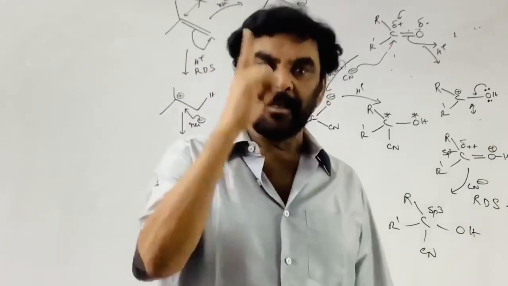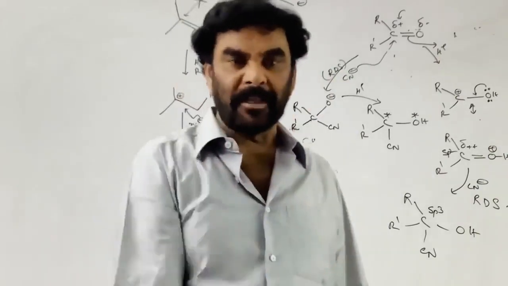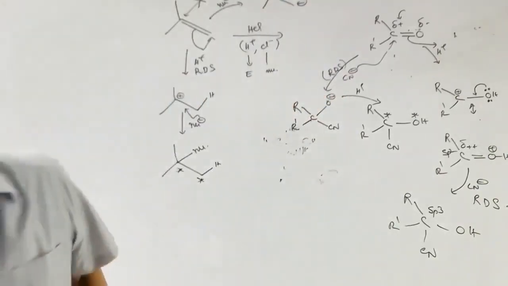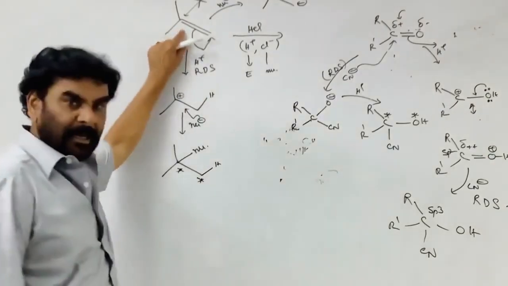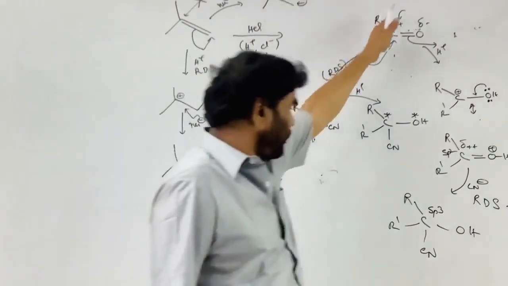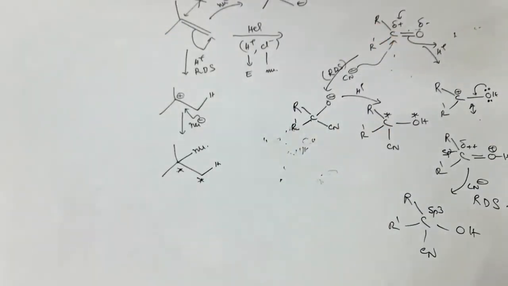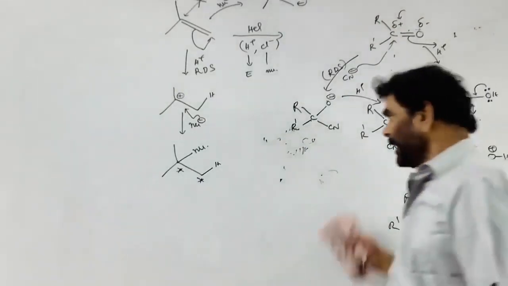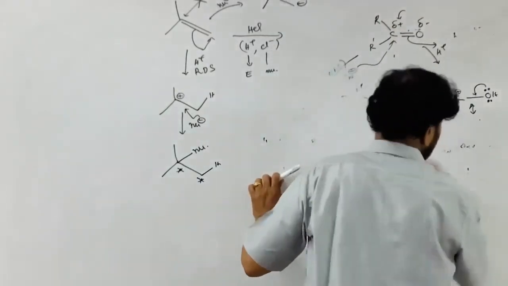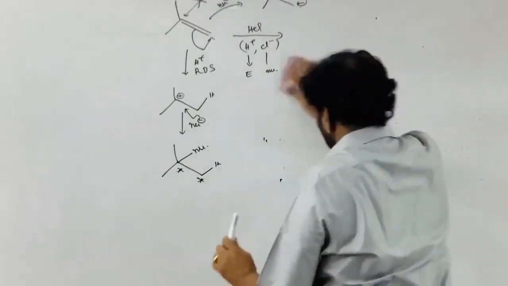So aldehydes and ketones take part in nucleophilic addition reactions, not electrophilic addition reactions. Alkenes take part in electrophilic addition. We discussed this in the class and I just repeated it for information.